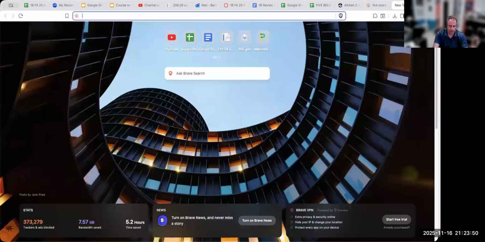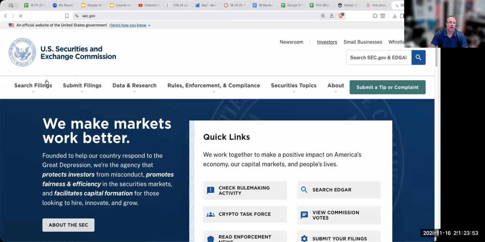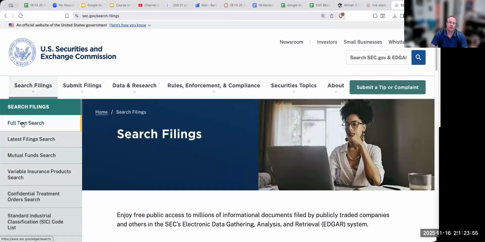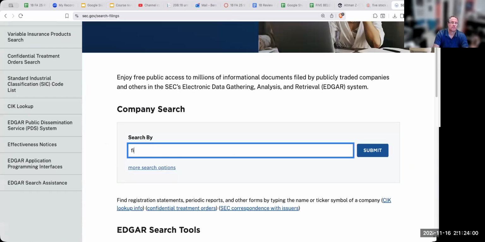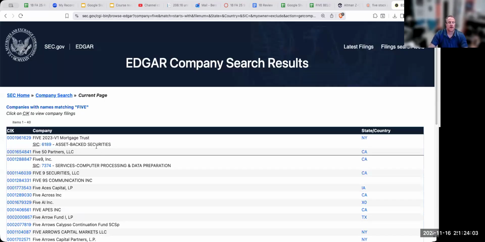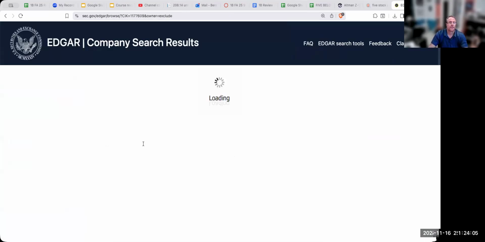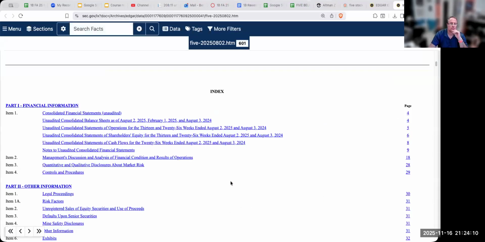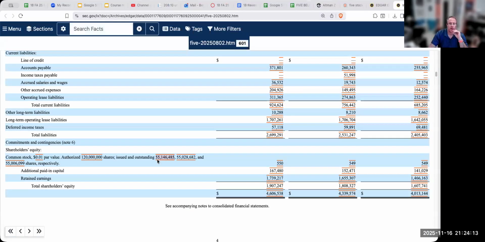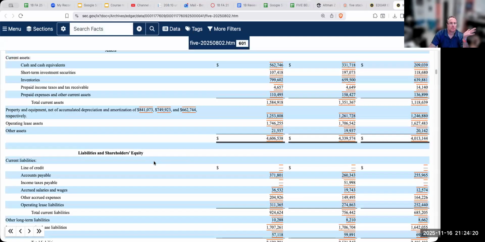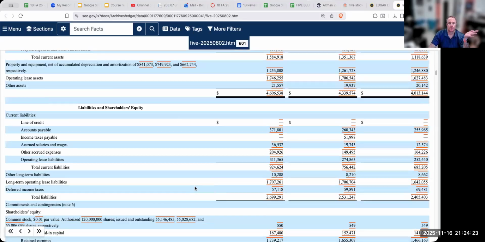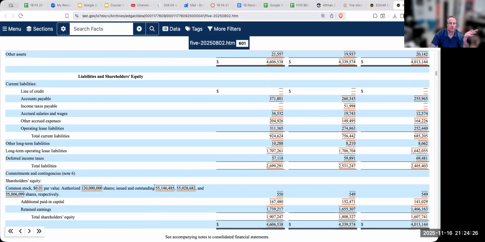If I take what the market value of the equity should be, taking the number of shares outstanding, I've got 55,146,485. That's in thousands except for share and per share data, so this is a real number.